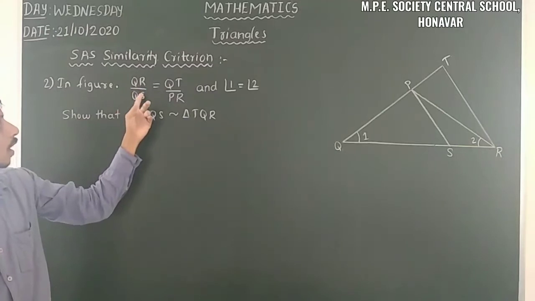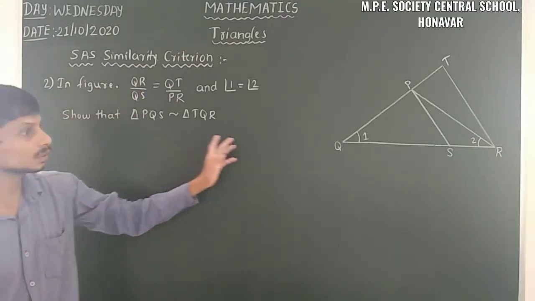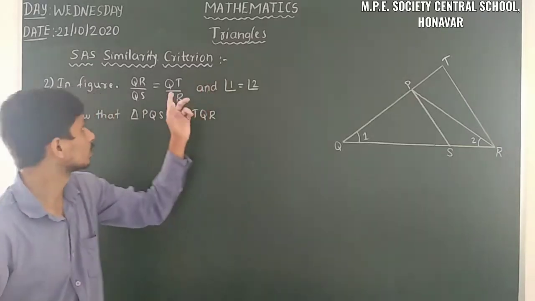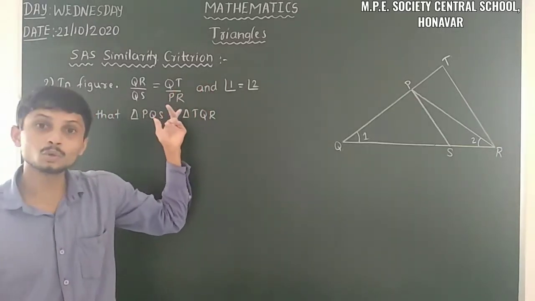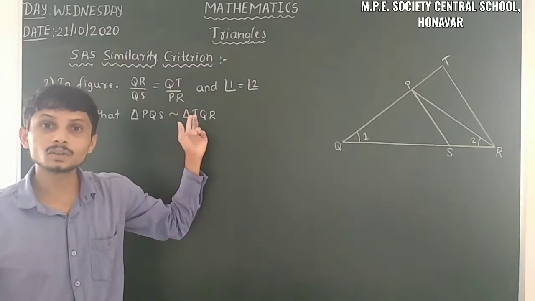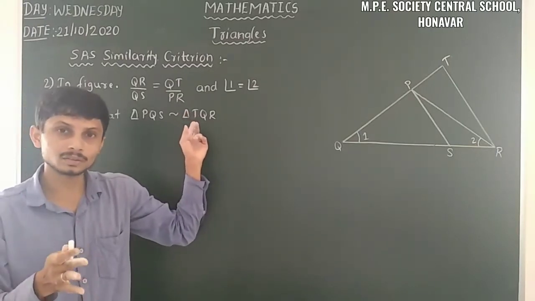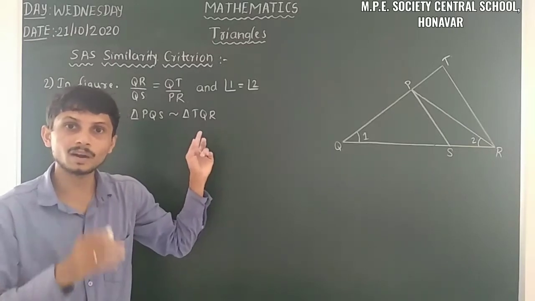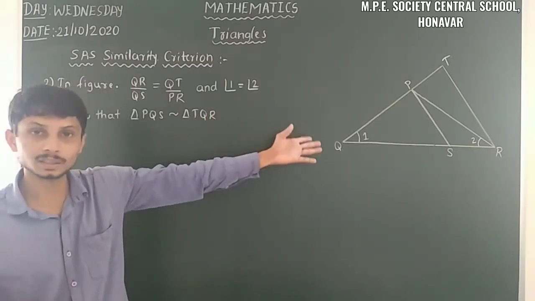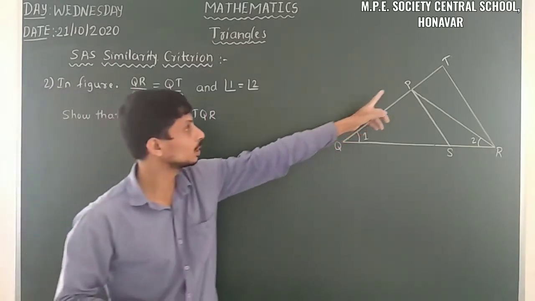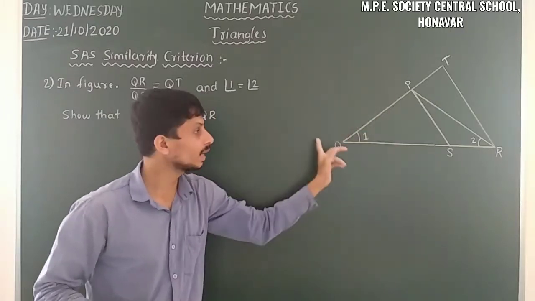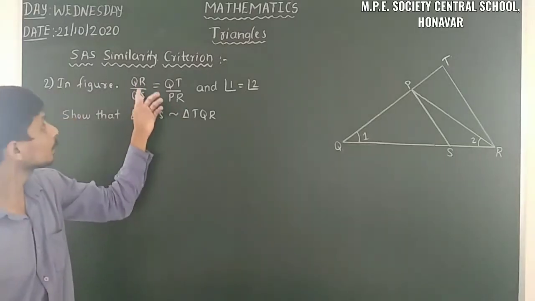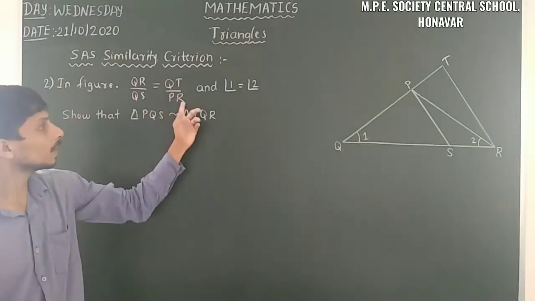Just observe, QR by QS is there, but QT by PR is there.